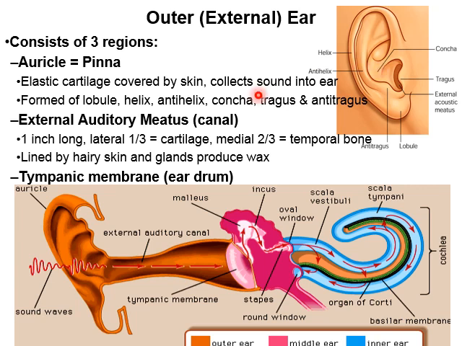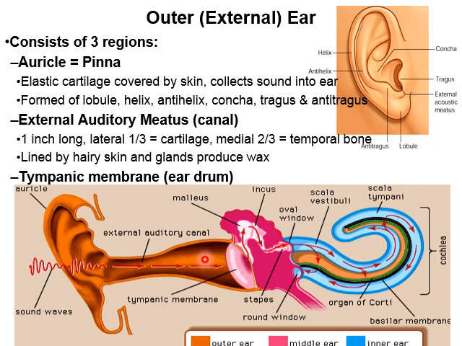The external auditory meatus or canal is 1 inch long. It has 2 parts. The lateral 1/3 is made of cartilage. The medial 2/3 is made of the bone called the temporal bone. It's one of the bones of the skull, the temporal bone.